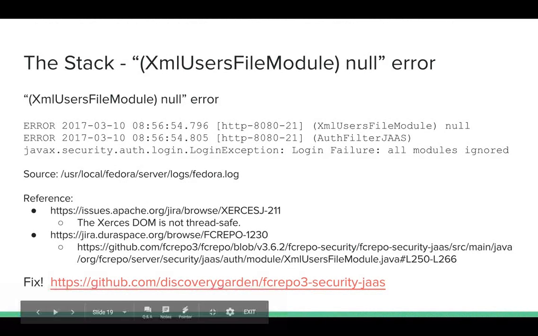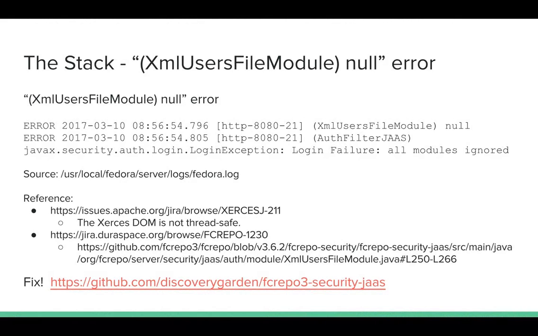So some of you may have seen this error before. It's a fairly common one, and it's tricky to troubleshoot. It's very intermittent. It seems more common on 3.6.2 and 3.7.1 installations of Fedora. However, it can also occur on 3.8.1 installations.